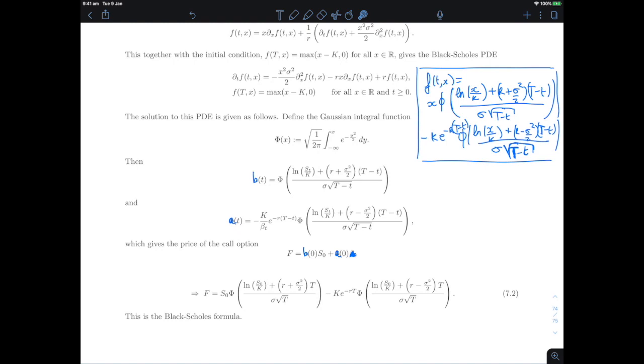And we've seen that not all SDEs can be turned into a PDE. This is really dependent here on the fact that the replicating portfolio, or more precisely its value, is just a function of t and S_t. If it was a more complicated process, maybe a process that takes into account the entire history of S_t, not just its value precisely at the time t, then this method wouldn't work.